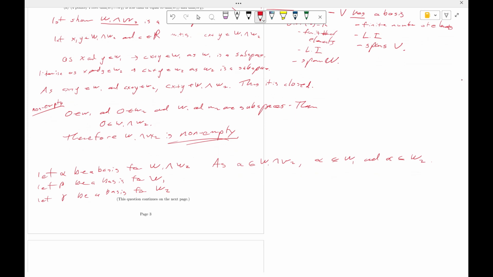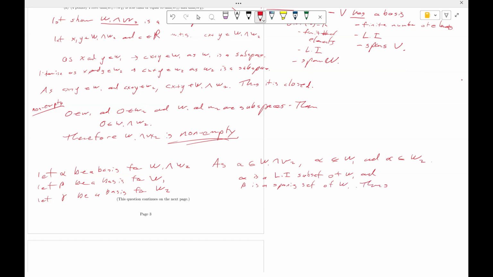Now that we have this, alpha is a linearly independent subset of W1, and beta is a spanning set of W1.